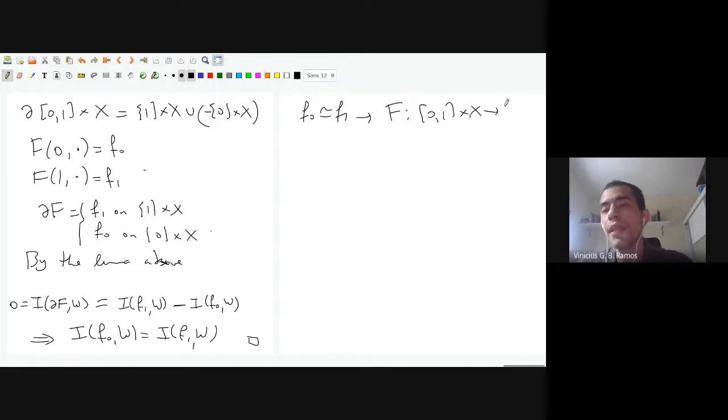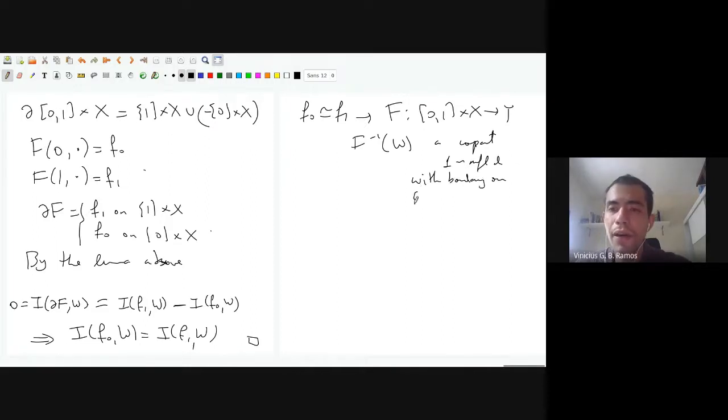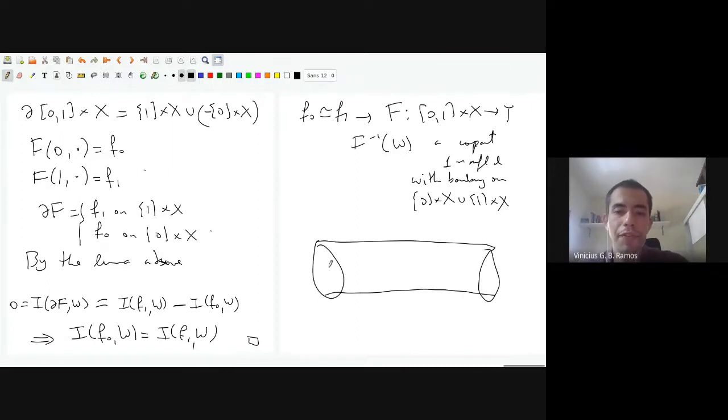And then you look at the pre-image of W by the homotopy, and that's going to be a compact one-manifold with boundary, and the boundary has to be on 0 times X union 1 times X. So if this is your [0,1] times X, your boundary is going to be, something, I don't know.